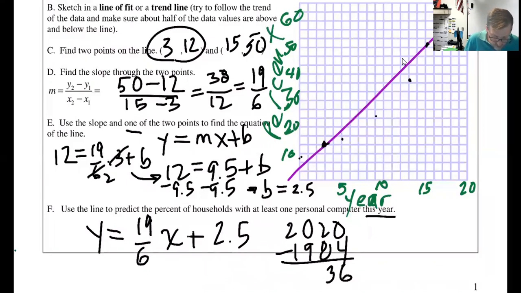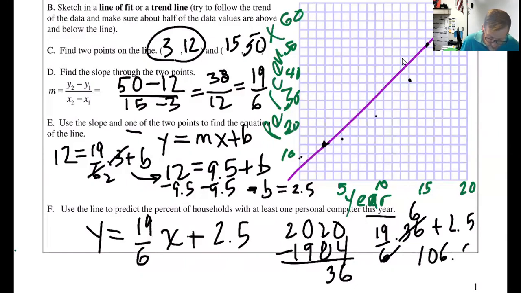So now I'm going to do 19/6 times 36 plus 2.5. 6 goes into 36 6 times, and then 6 times 19, so 6 times 10 is 60 plus 54, will be 114, plus 2.5 gives 106.5% of the households.